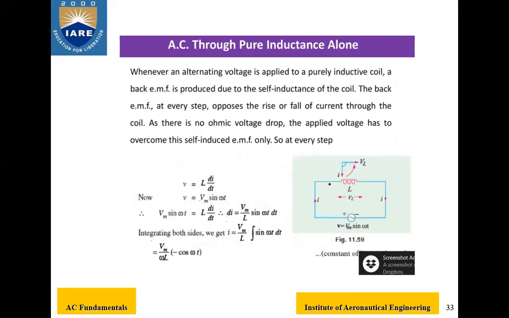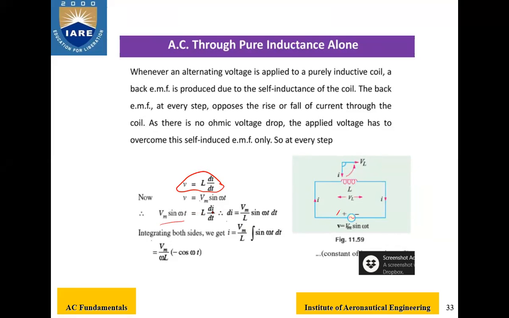Now, if we apply AC voltage to an inductor, then what happens? Have you seen this equation in previous classes? In the first unit itself, I told you that the voltage across the inductor is V equals L into dI by dt. What is V? That is the supply voltage, V equals Vm sin omega t.